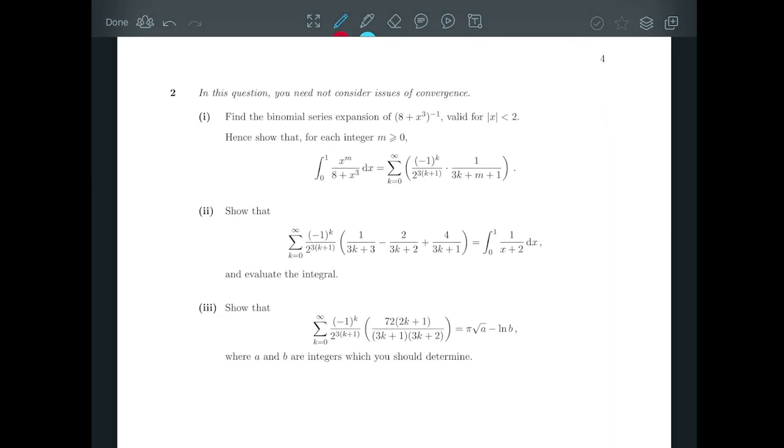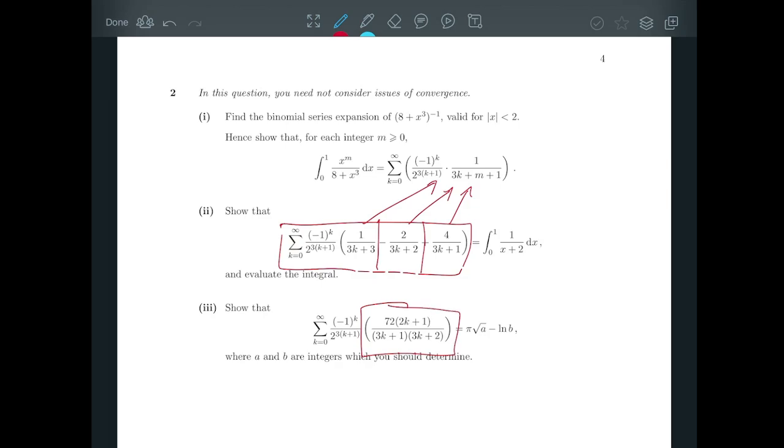Question 2. Again, I'm just flicking through. This is a binomial expansion. It's got some very unpleasant looking summations, but it's linking binomial expansion to integrals. Although this looks horrendous, like just that statement there looks exceptionally unpleasant, I know I can split this into kind of 3 different summations, and each of those summations do look like part A, so I can see that that's probably doable.